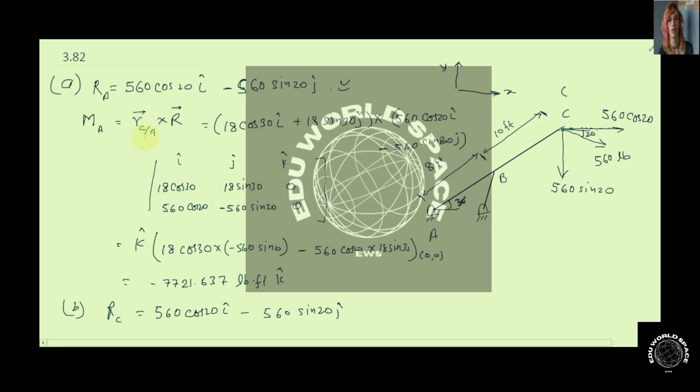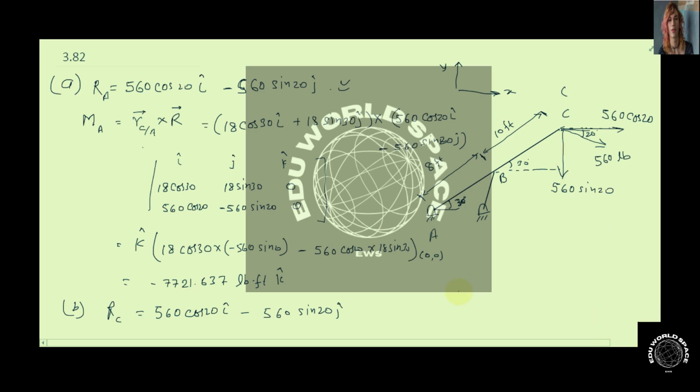For the calculation of the moment vector, this force vector is already known, but now we have to change the position vector of point C with respect to A. Instead of this, we have to use the position vector of C with respect to point B. The length BC is 10 feet and this angle is 30 degrees. So its component along the x-axis will be 10 cos 30 and along the y-axis will be 10 sin 30.